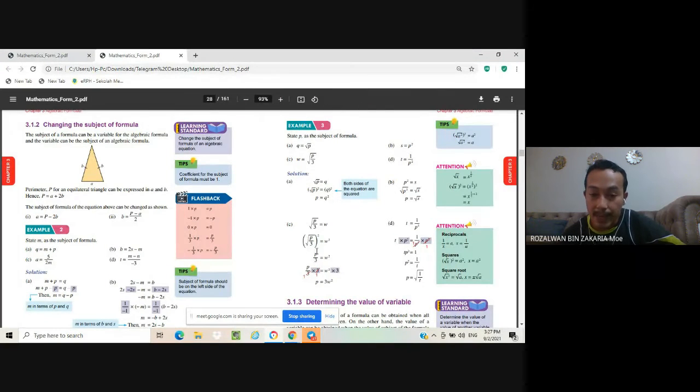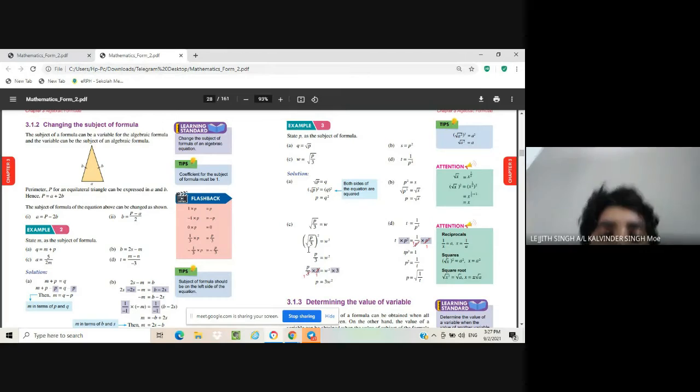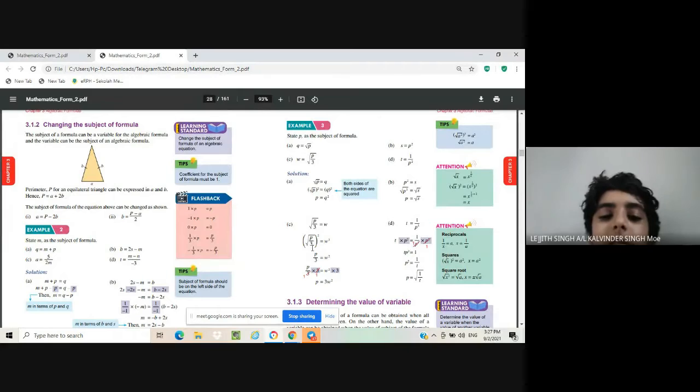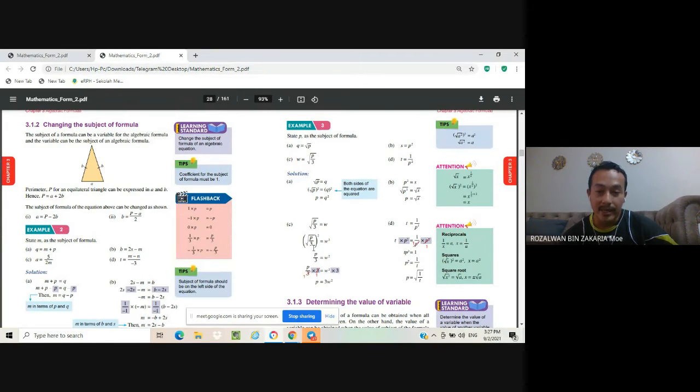So this one become P over 3. Okay, class, can you understand why this one become P over 3? What happened to this square root of 2P over 3? Cancelled, teacher, because of the square, right? So the square and then times with the square root, it will become power of 1. Yes, power of 1. Good.